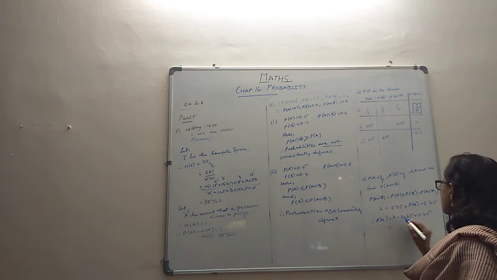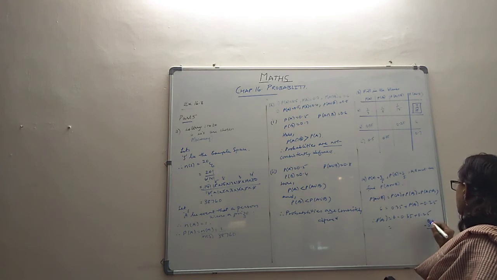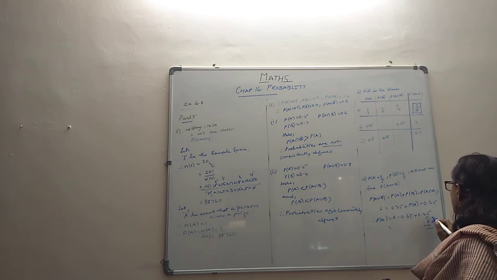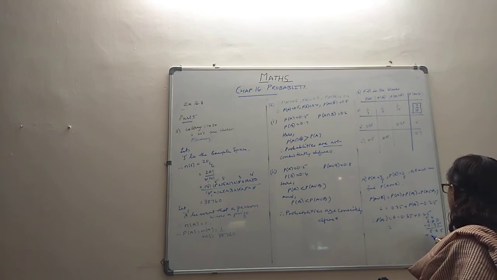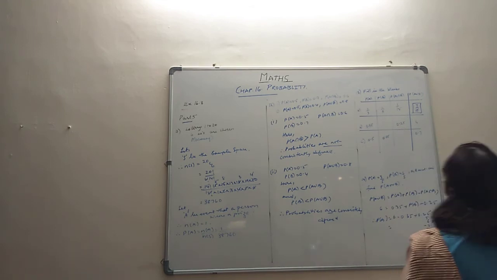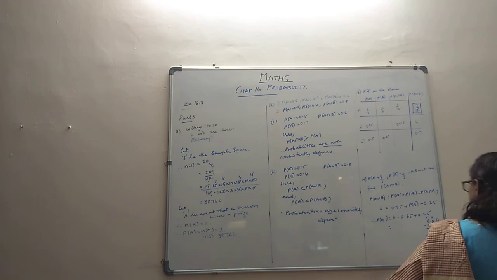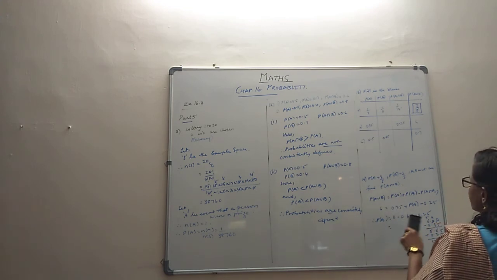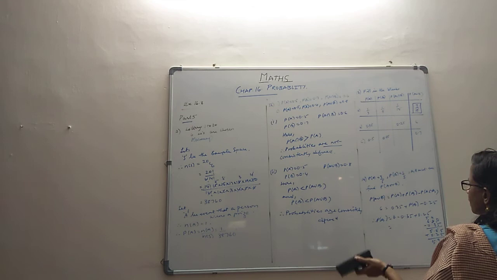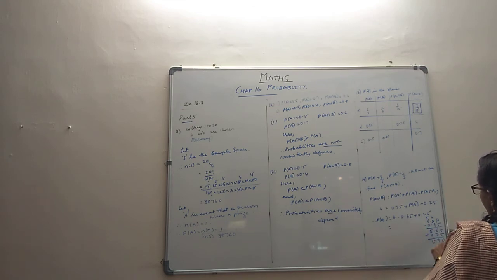So 6 minus 0.25 means it is 0.35 means 5.65 plus 0.25. Now I should check once again if everything is okay. 6 minus 0.35 plus 0.25.